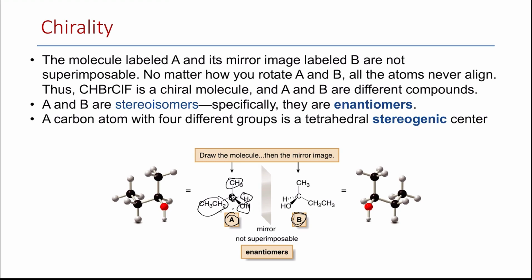This is the chiral center. This carbon is a stereogenic center, and these two molecules A and B, the molecule and its mirror image, are called stereoisomers, or we call them enantiomers.